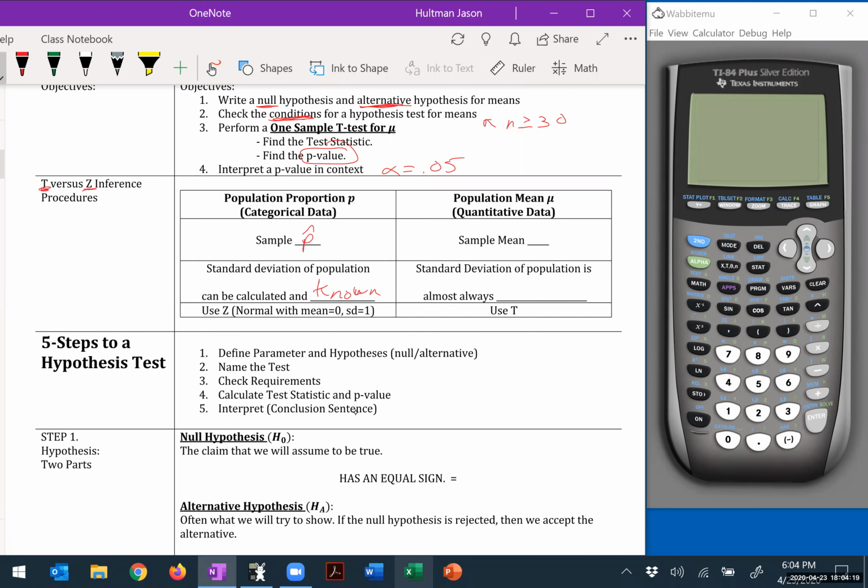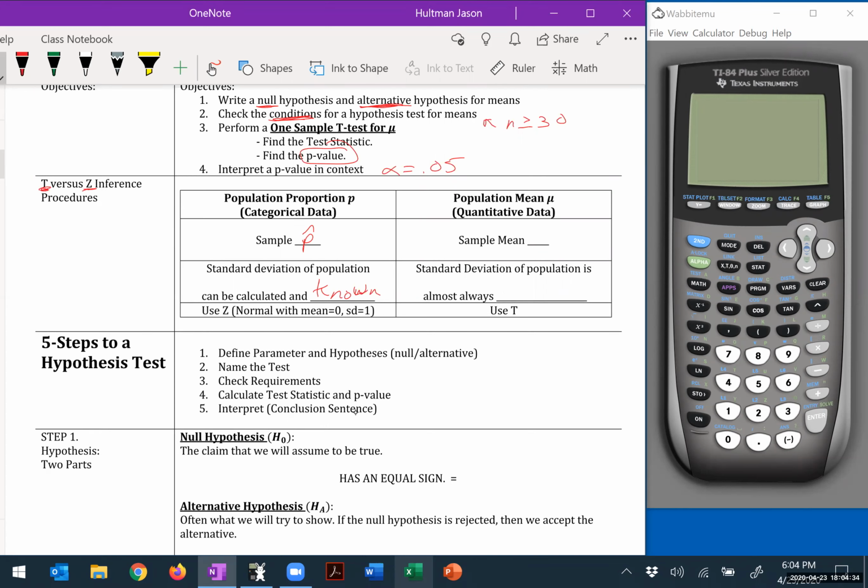So we use Z, normal with mean 0 and standard deviation of 1.